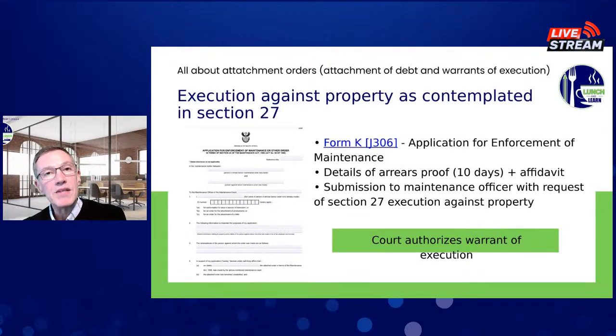Usually what happens is that in terms of the Act, a period of 10 days needs to lapse before you can apply for a warrant of execution or any of the avenues mentioned in Section 26.